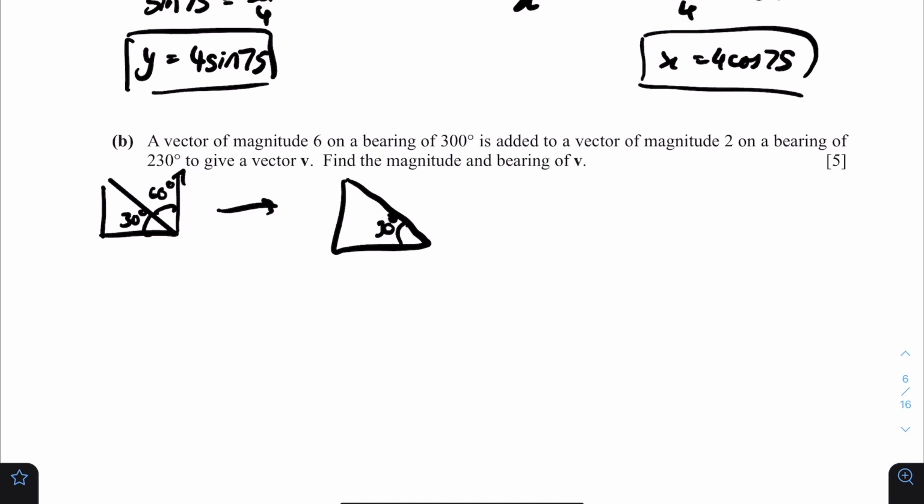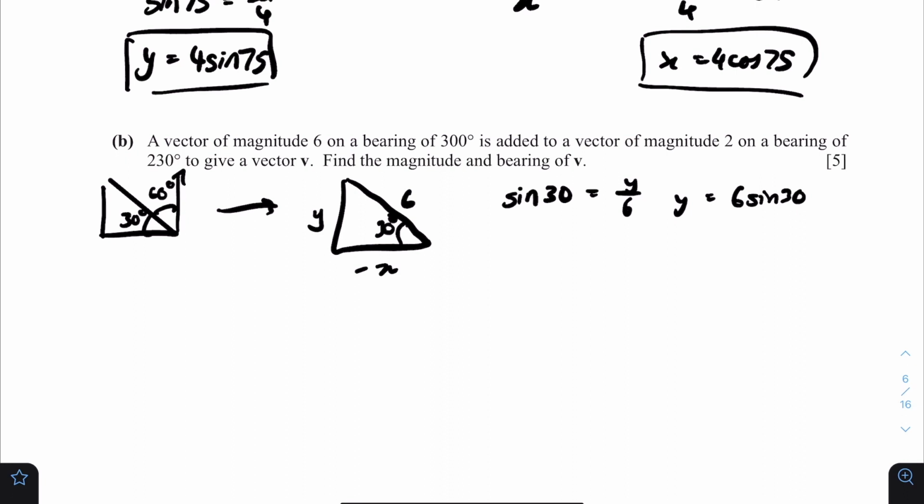So if we take this 30-degree angle, well, it's moving x to the left and y up. So we can say that it's negative x rather. So we can say that sine 30 is equal to y over 6. So y is equal to 6 sine 30. And you can actually evaluate sine 30 just because it is one of the known trig values.